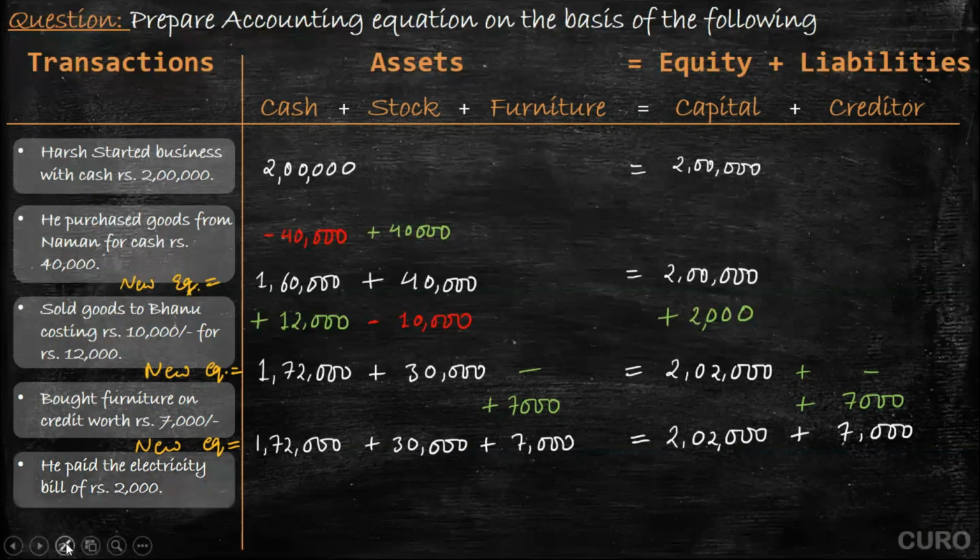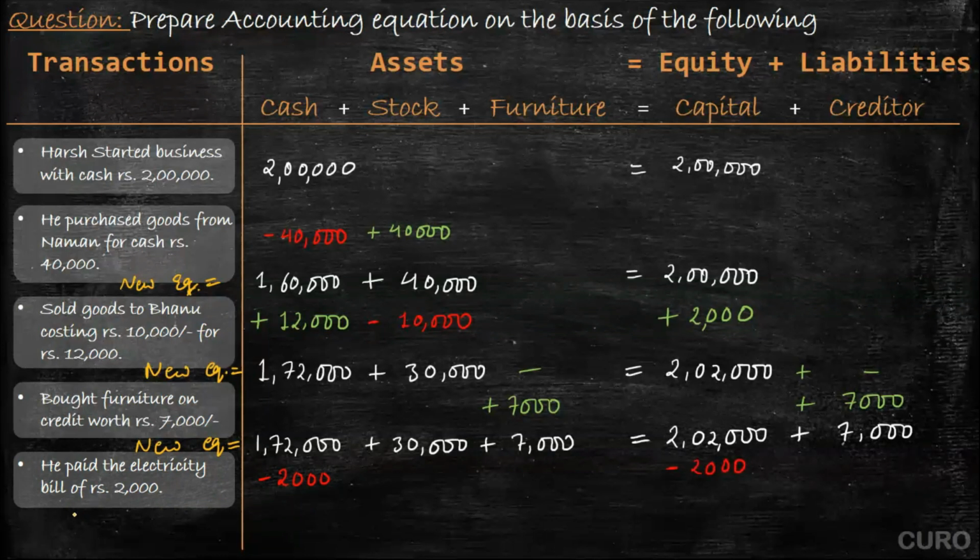Moving to the last transaction of this question, which says he paid the electricity bill of rupees 2000. On analyzing this transaction, we'll find that the cash in hand is reduced by rupees 2000, but unlike the last transaction, he did not get any asset in return because bill payments are expenses and expenses tend to be reduced from the capital.